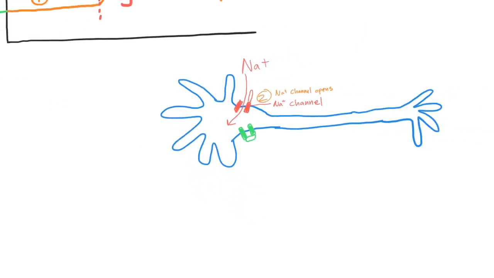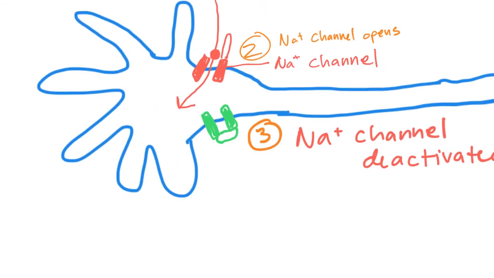What's happening here at step 3 are two things. One, the sodium channel is deactivated, which is slightly different than closing. It just has another piece that prevents sodium from getting in there anymore. So we'll put a 3 next to this guy.